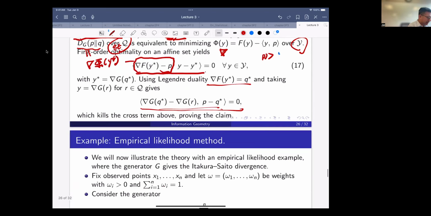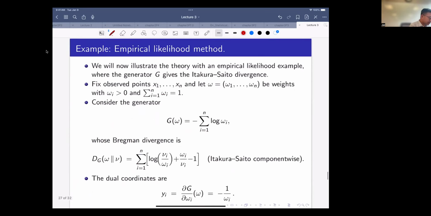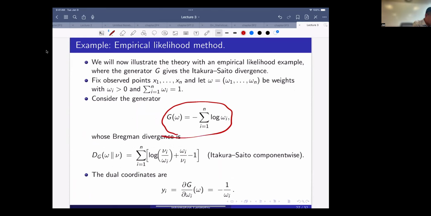So let's move on to the empirical likelihood example. So this is our generator. In the empirical likelihood, we just assume that the distribution is concentrated on the point mass. So basically this omega 1 to omega n characterizes the distribution, right?